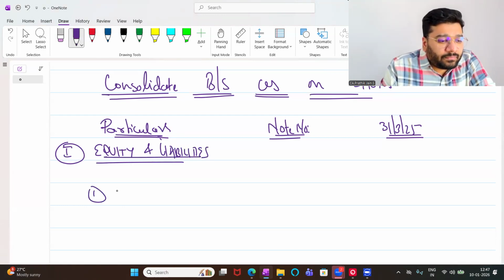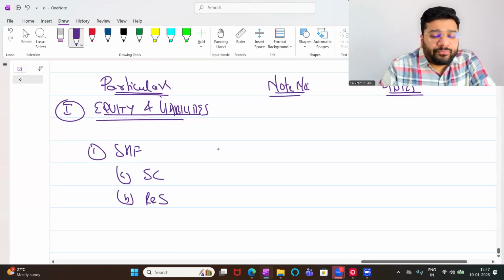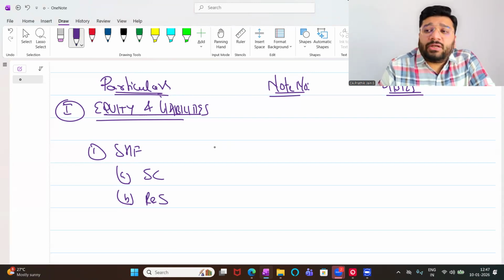Under that, shareholders' funds. Under that, share capital. Under that, reserve and surplus. If I don't concentrate on the Schedule 3 format for this question, and I focus on the main core concept, is that okay with all of you?